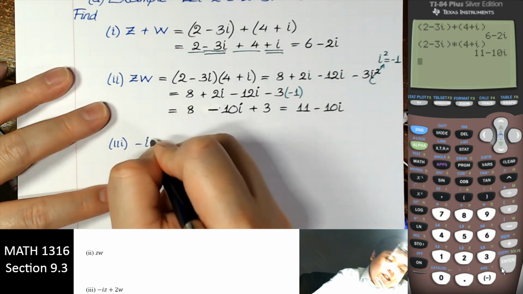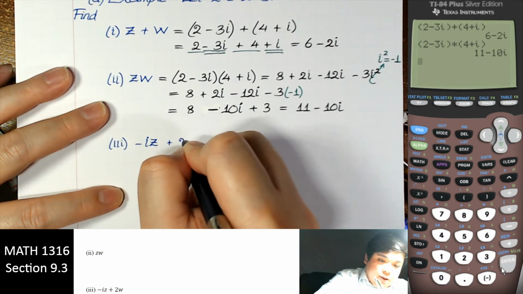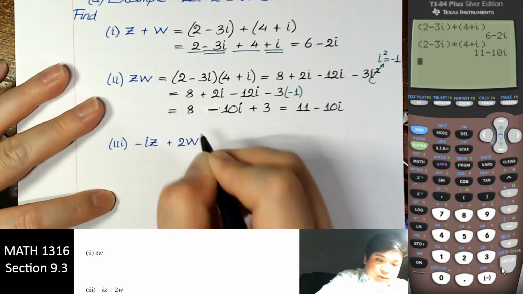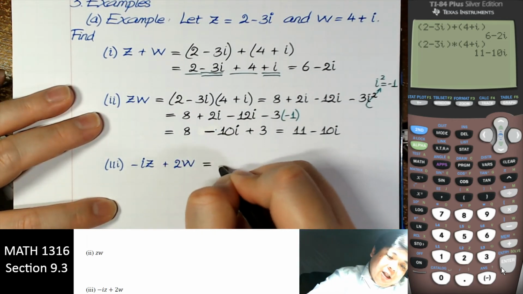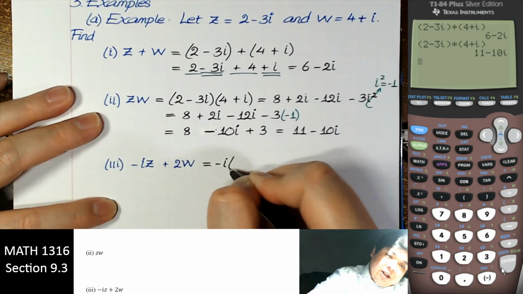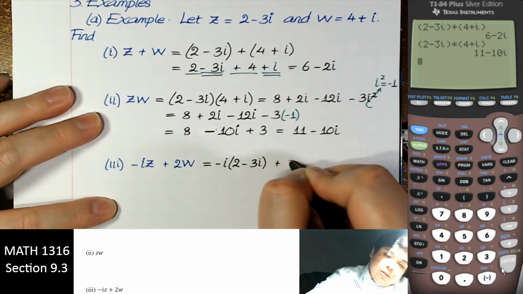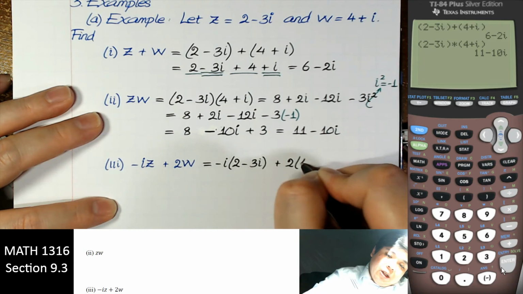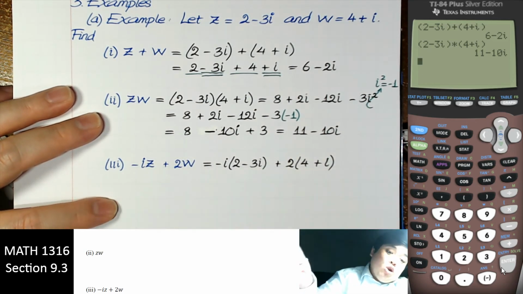Negative i z plus 2w. Right, I just multiply it out.